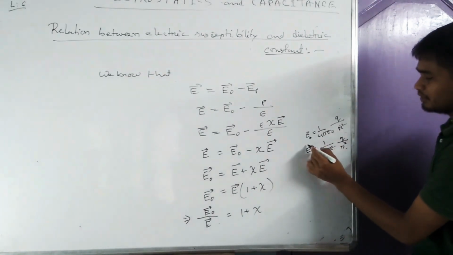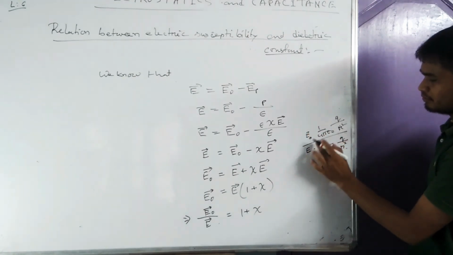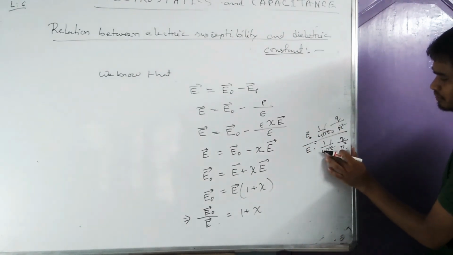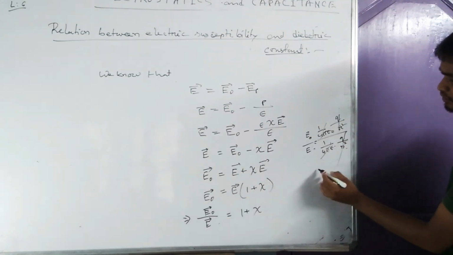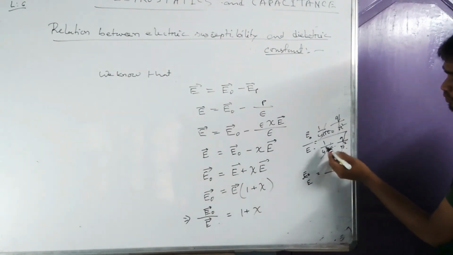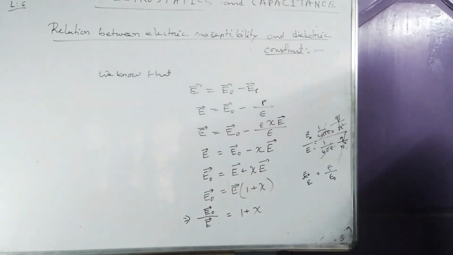So E naught by E is what? The 4 pi cancels out, Q by R square cancels out. So E naught by E is epsilon by epsilon naught.